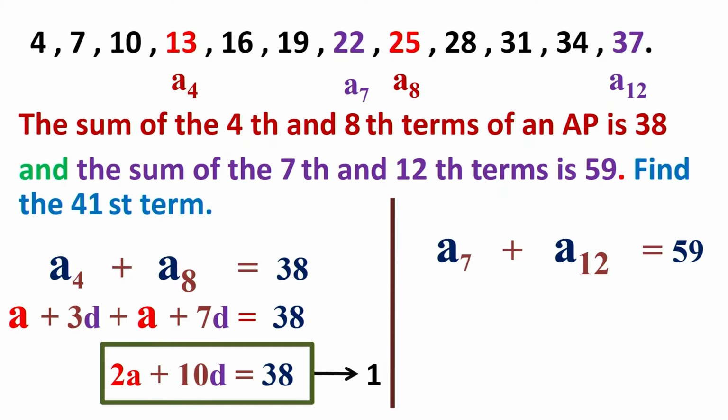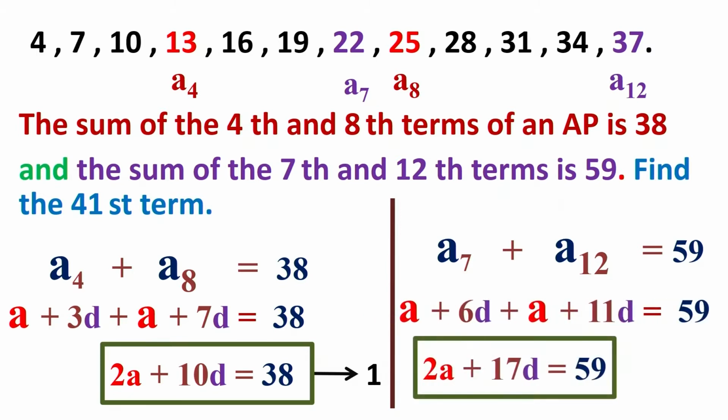An is A plus n minus 1 into D. So, A7 is A plus 7 minus 1 into D, A plus 6D. That is what you all have to write. And A12 is A plus 11D. Same procedure. A plus A is 2A. 6D plus 11D is 17D. 2A plus 17D is equal to 59. Second equation is born. Call it equation number 2.